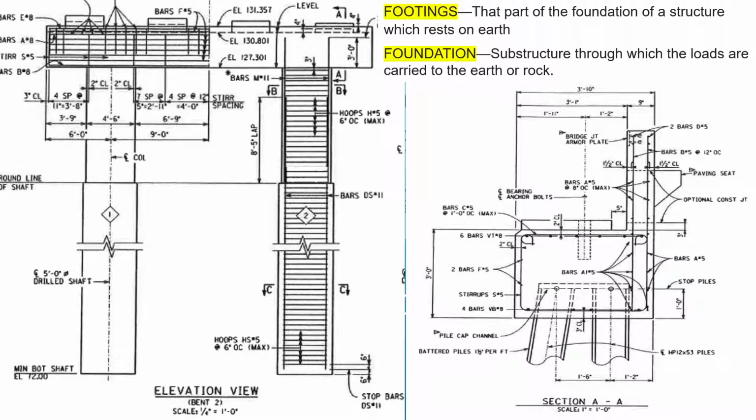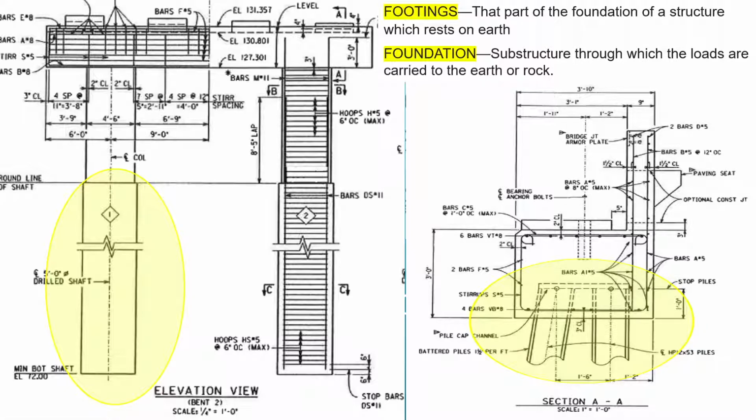Footings and foundations. A footing is the part of the foundation of a structure which rests on earth. The foundation is the substructure through which the loads are carried to the earth or rock. So this is your footing slash foundation. These two terms are pretty interchangeable. Footings usually don't have any type of material carrying a load down to the bedrock.